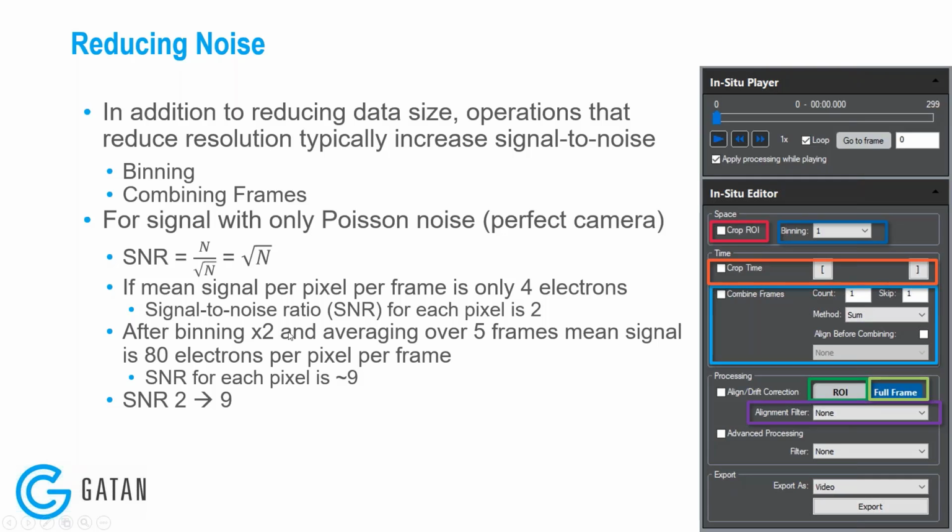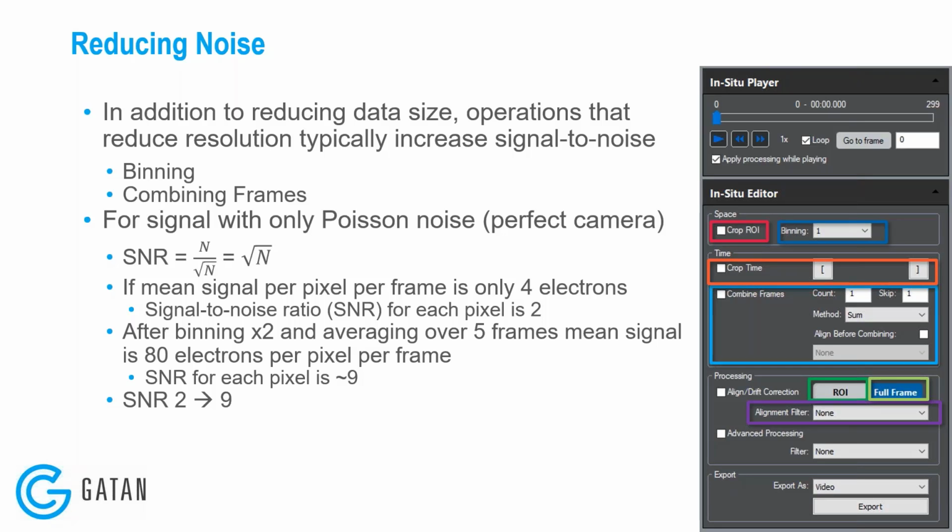But if I bin by 2 and average over 5 frames, now the mean signal is 80 electrons per pixel per frame. And so now the signal to noise for each pixel is about 9. So my signal to noise is increased from 2 to 9 by binning and averaging over 5 frames.